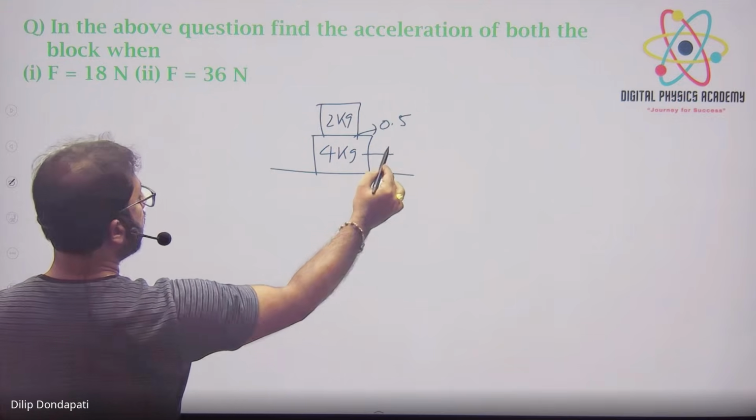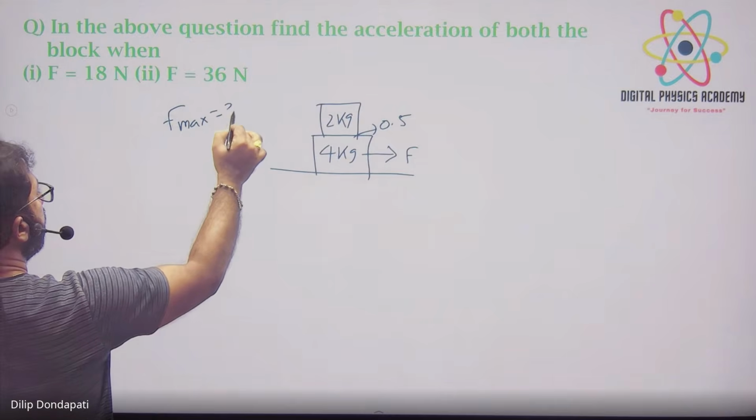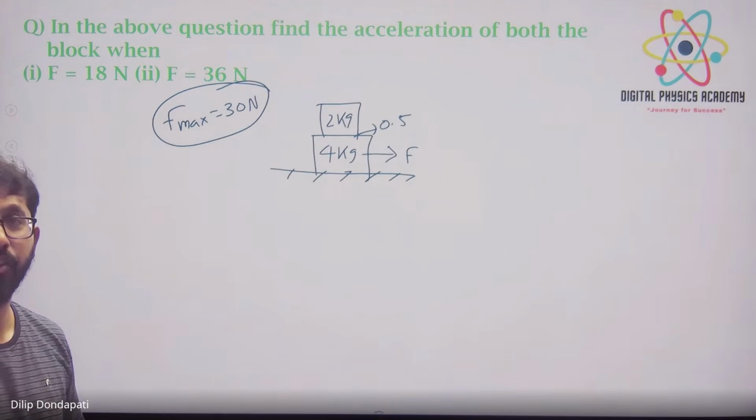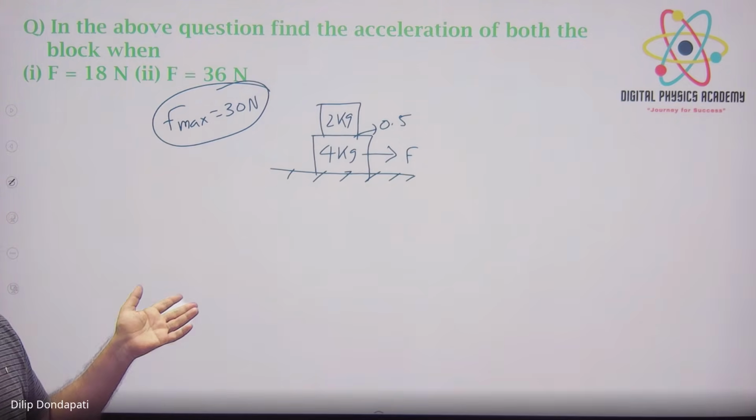And in this case, you got the F max value as 30 newtons. Sir, F max is limiting friction only, no? Yes, F max is limiting friction. F max is 30, but anything less than 30 will come under static friction. Okay.